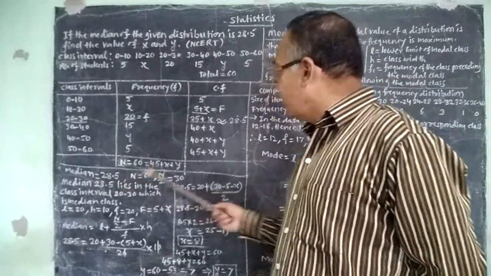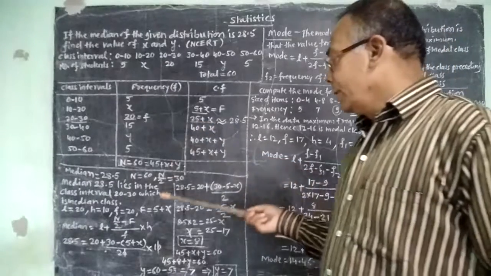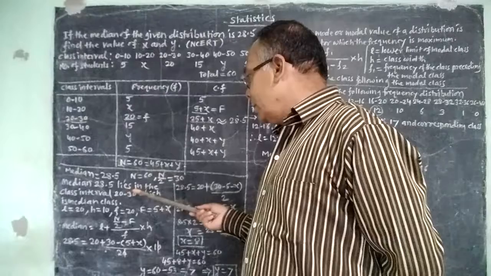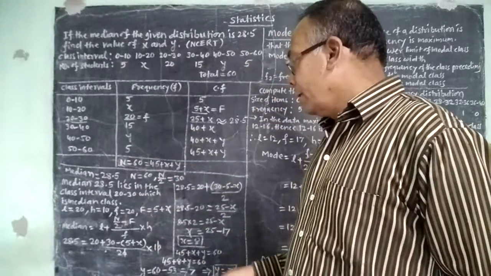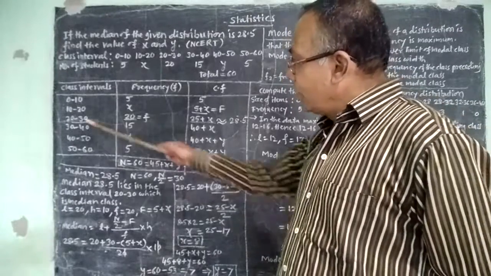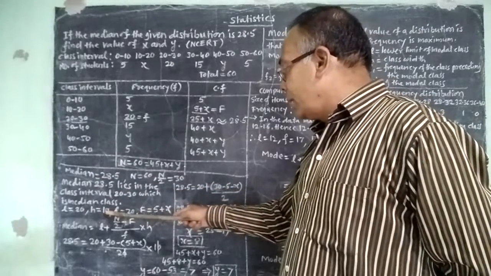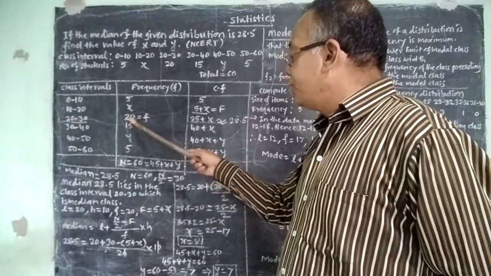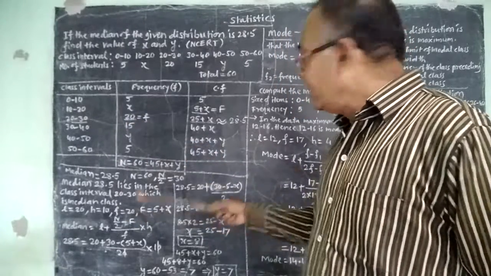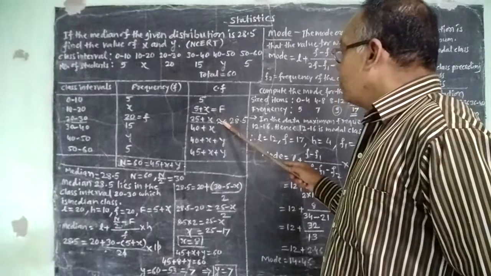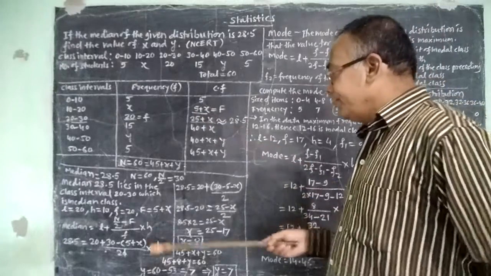Here the median 28.5 lies in the class interval 20 to 30, which is the median class, and therefore the lower limit L is equal to 20, h is equal to 10, the frequency of the median class is f equals 20, and the cumulative frequency just above the median class will be 5 plus x.